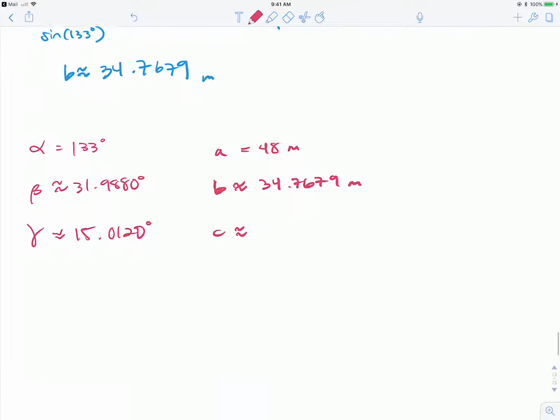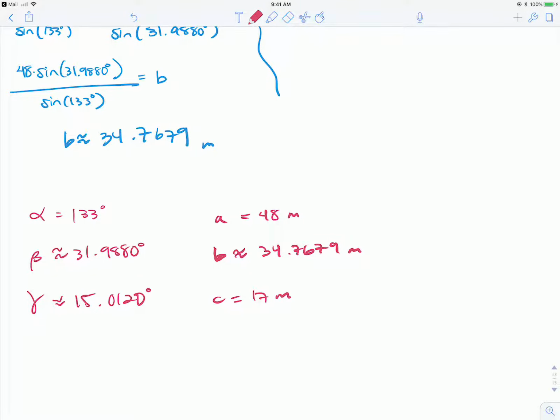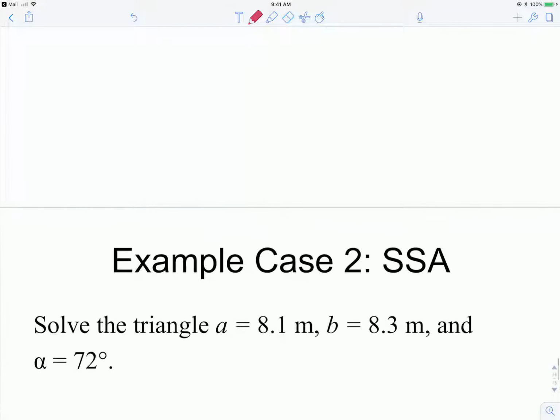Oh, we were given C, huh? Okay, so there's the summary for this triangle, all the angles and sides. So let's look at the next example.